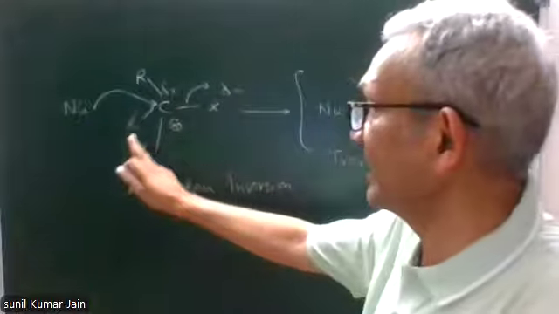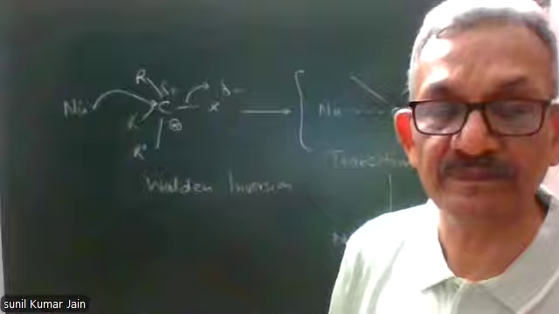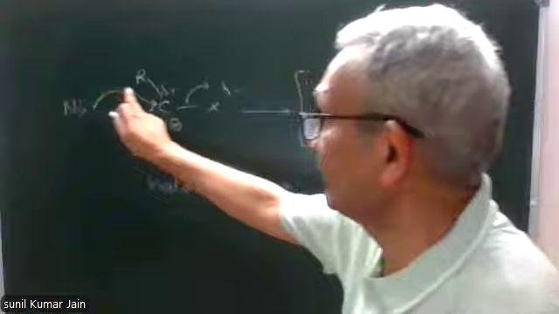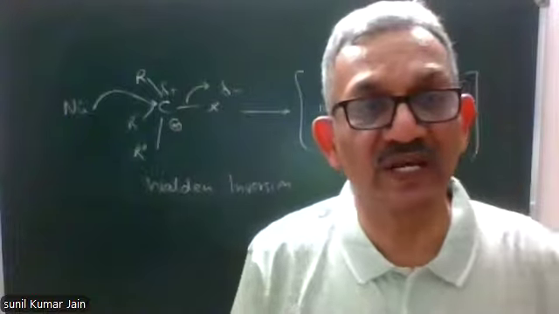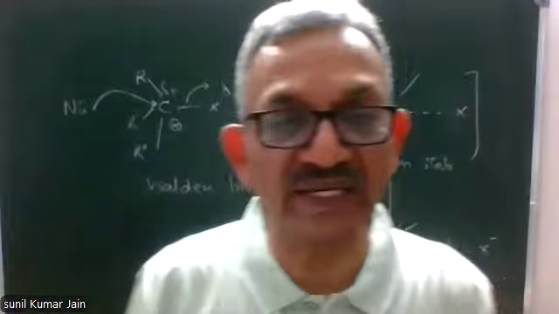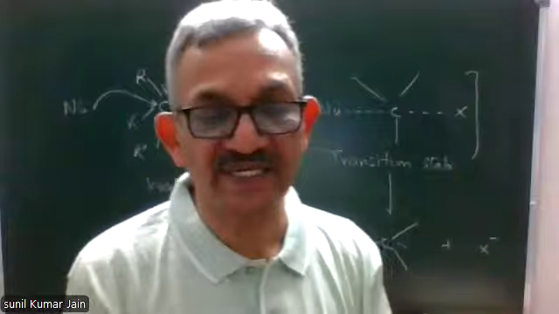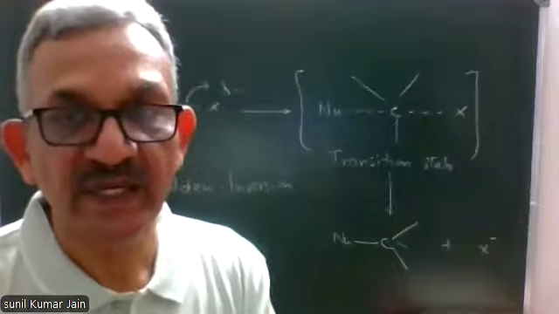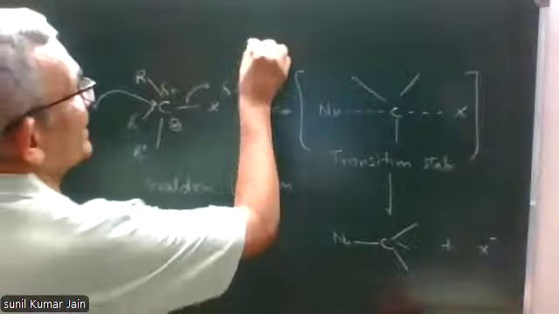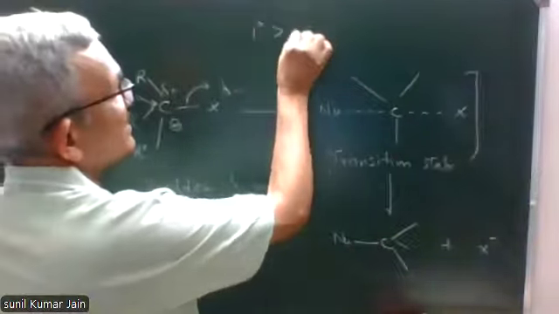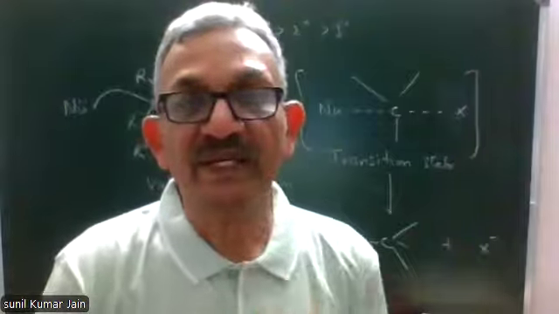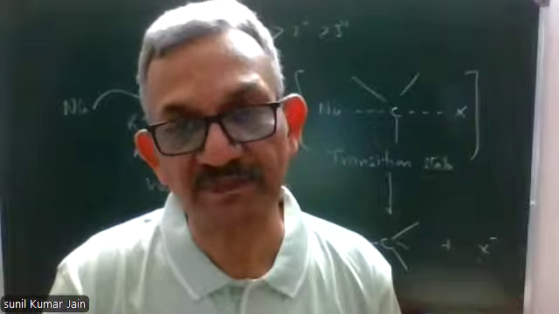So the more alkyl groups attached to the alpha carbon atom, the more the steric hindrance, the more difficult the approach of the nucleophile to the alpha carbon atom, and therefore the lower the reactivity of the alkyl halide by the SN2 mechanism. It means the reactivity order of alkyl halides by the SN2 mechanism is primary, faster than secondary, faster than tertiary. So a tertiary alkyl halide will be least reactive by this mechanism.